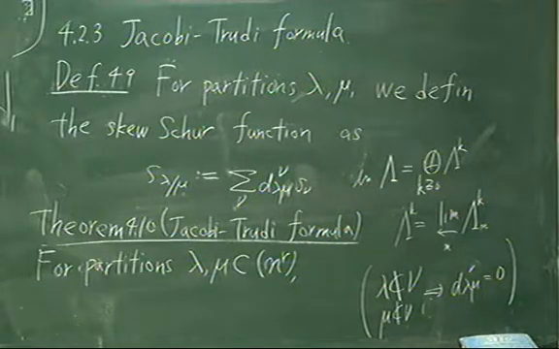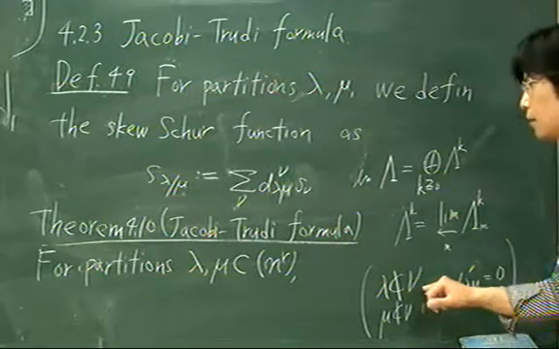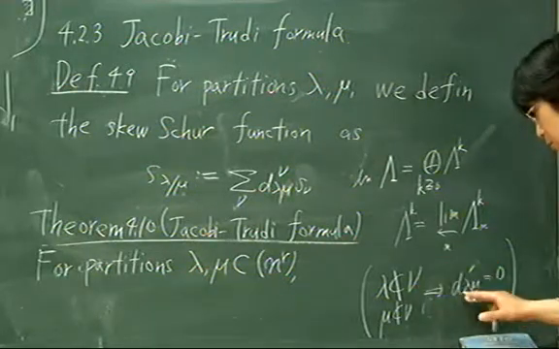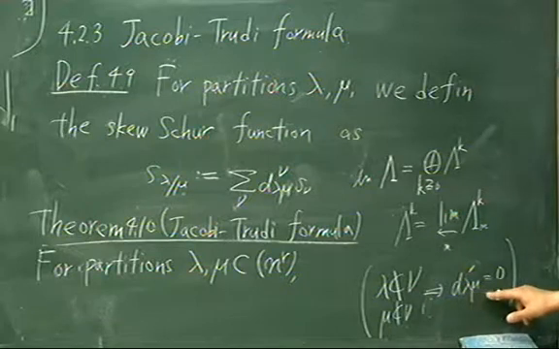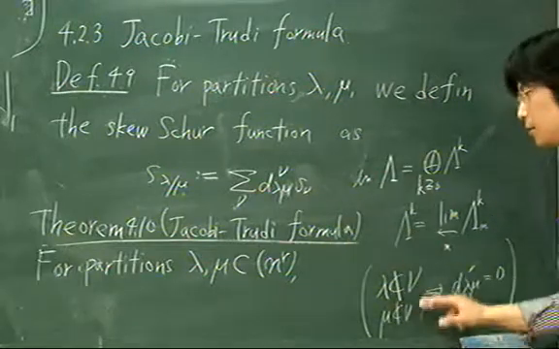Do you assume that lambda contains mu? No, we don't have to assume, because for such partitions, d lambda mu nu is automatically 0. So we don't have to assume this.